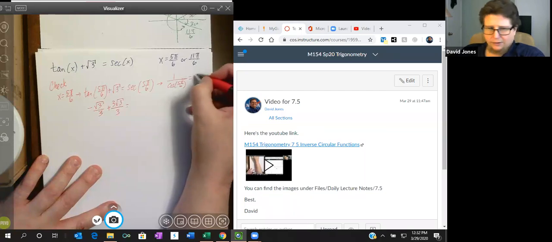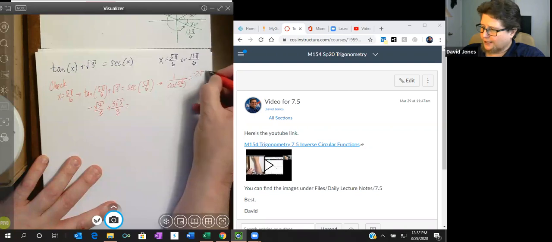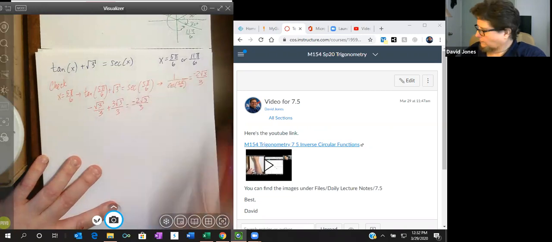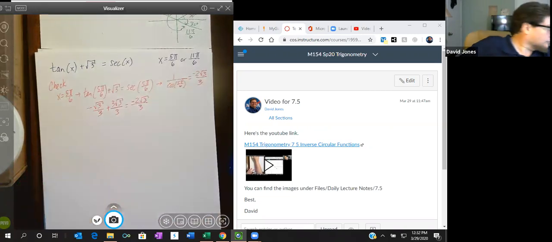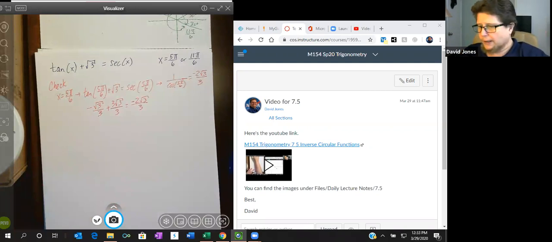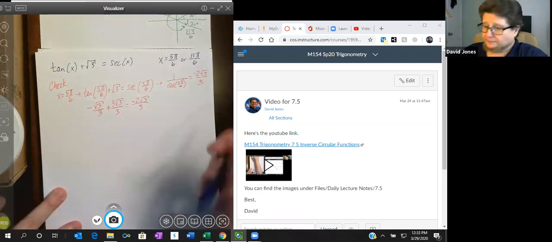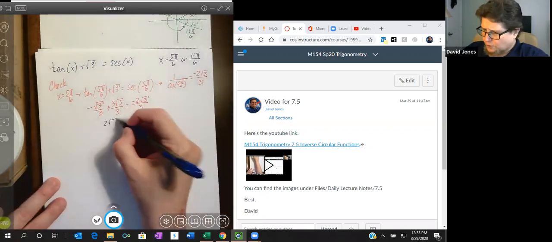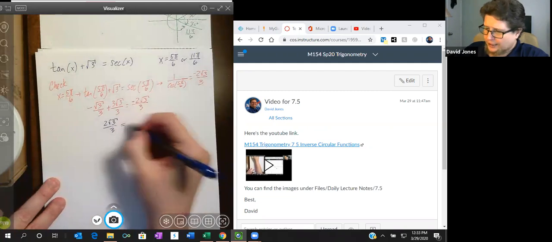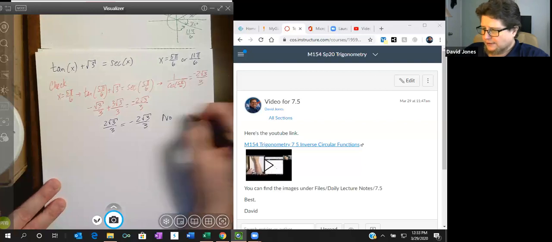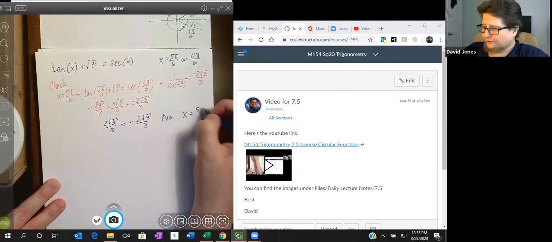When you work that out, that's negative 2 root 3 over 3. And we add them together. 2 root 3 over 3, does that equal negative 2 root 3 over 3? No. So x cannot equal 5 pi over 6.